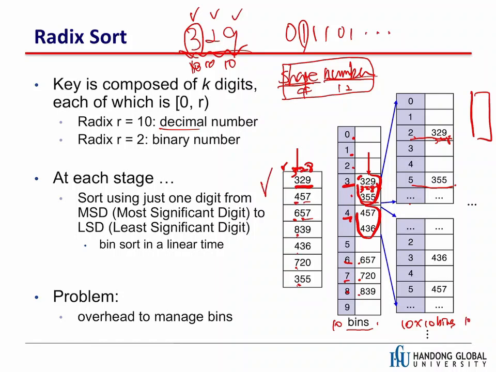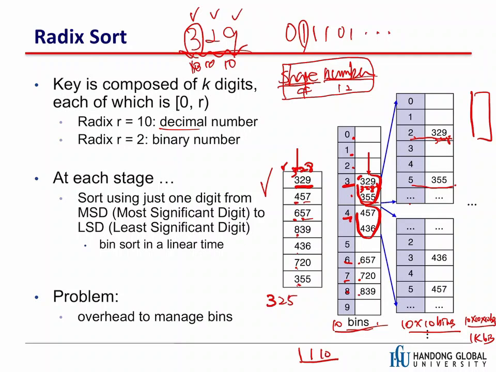So in the next stage, if we have a lot of numbers here, then we have 10 times 10 times 10 bins. It means 1,000 bins, 100 bins, 10 bins. So basically 1,110 bins. That's what we need to apply a radix sort for 3-digit numbers.